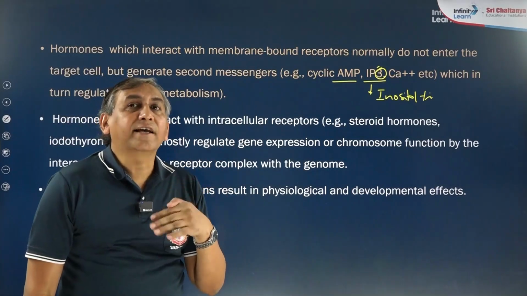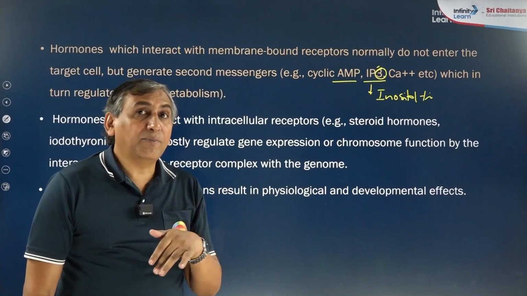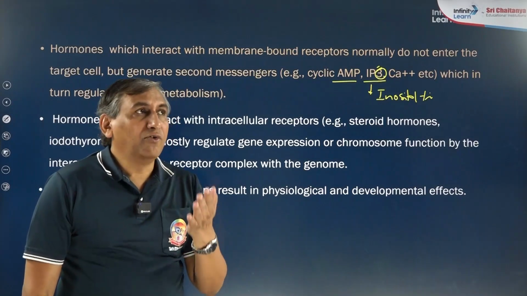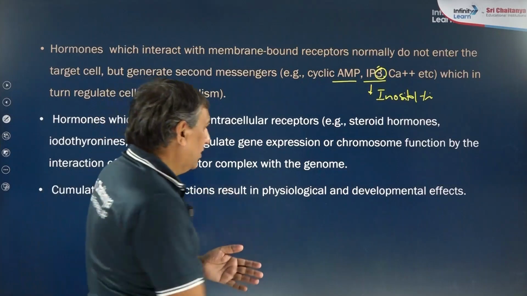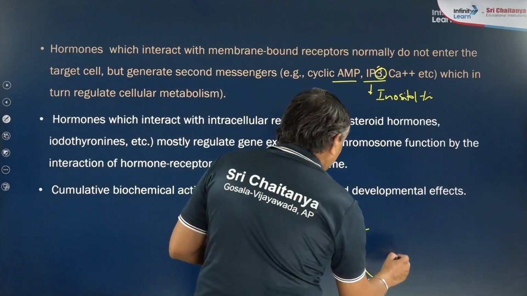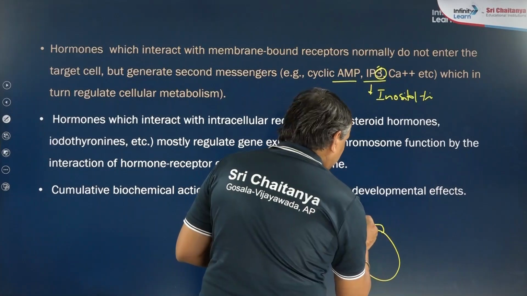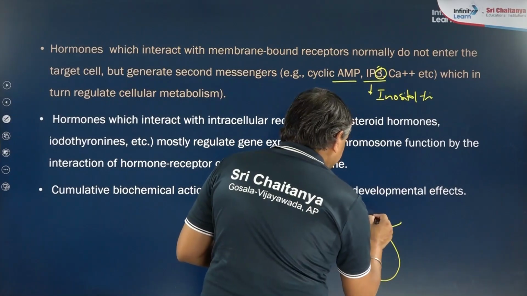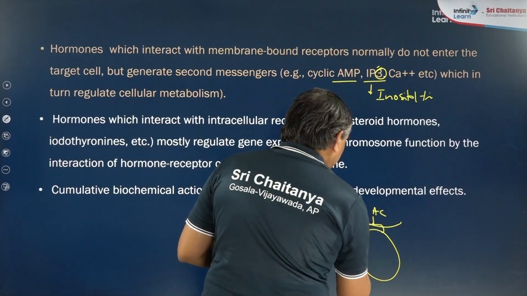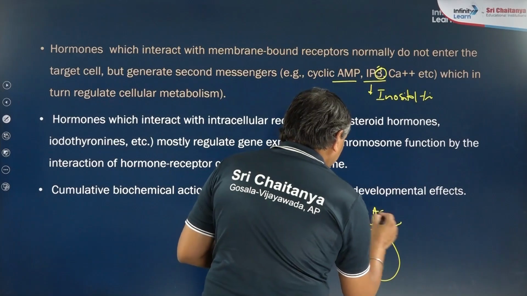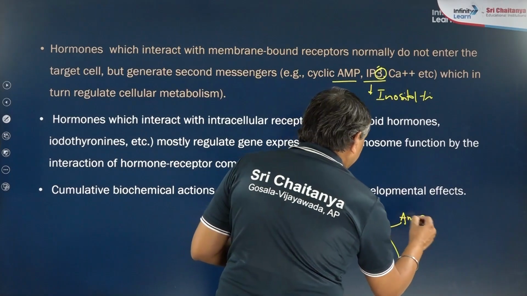Adenylate cyclase is one enzyme. Whenever the hormone comes in contact with its extracellular or membrane receptor, this adenylate cyclase enzyme converts ATP into cyclic AMP.